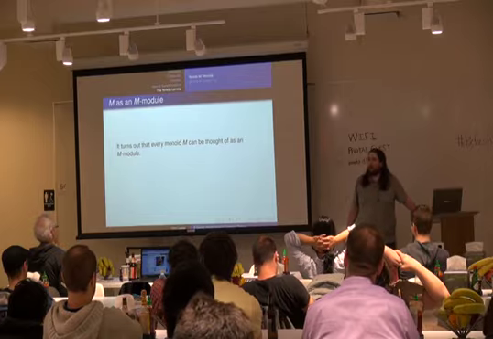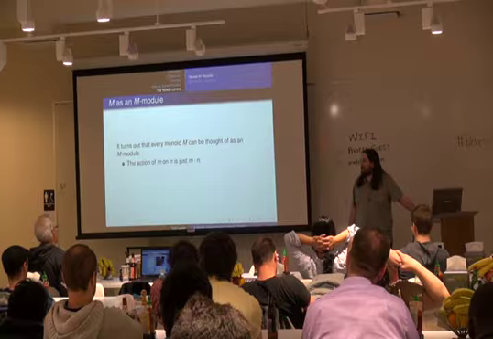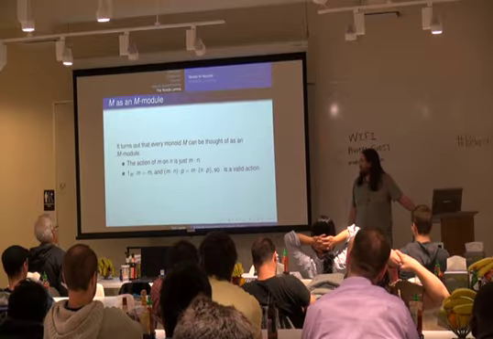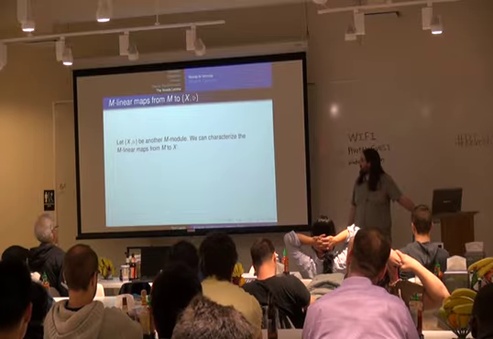So any monoid M can be thought of as a module for M, right? Because you can multiply. And, you know, it's associative and has a unit, so it works.